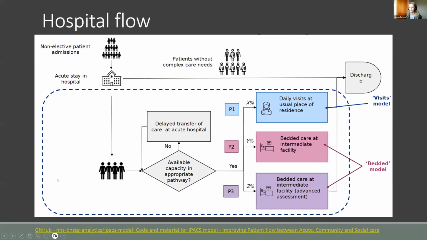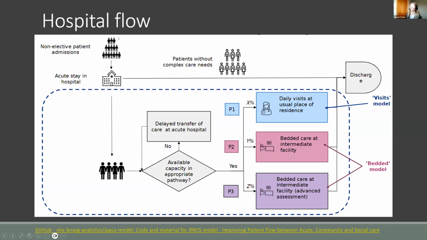You can find that if you search GitHub for IPACS, and you can find all the code there. This model forms the basis of my model and my project. So a big thank you to Alison Harper from Pencord, who helped me out starting up my project.